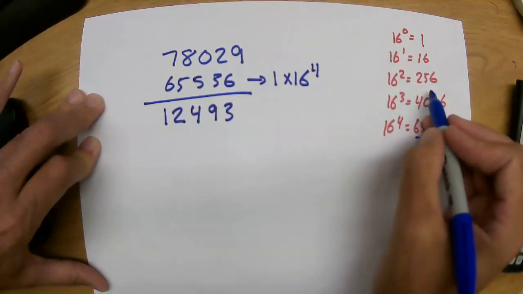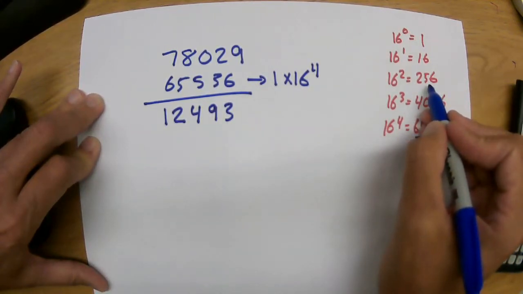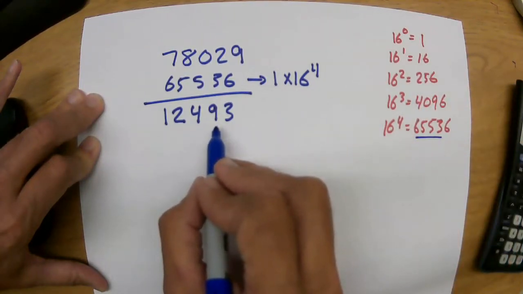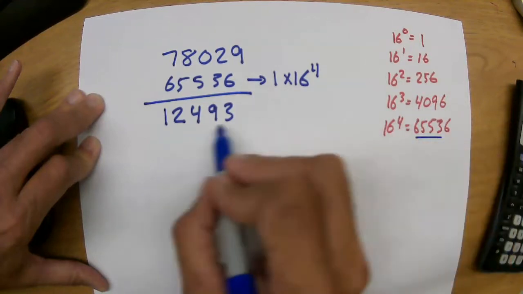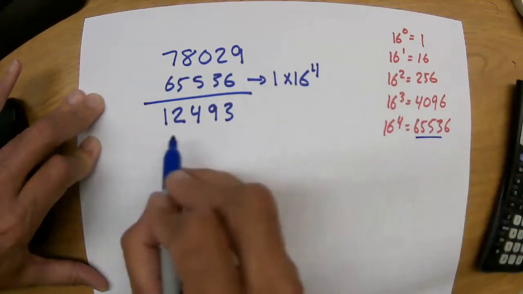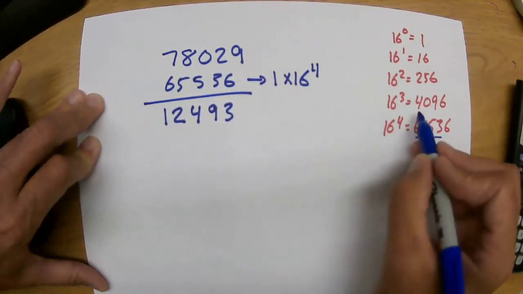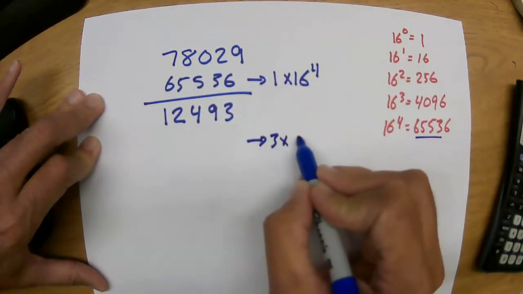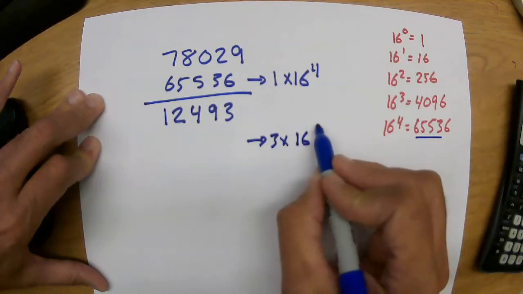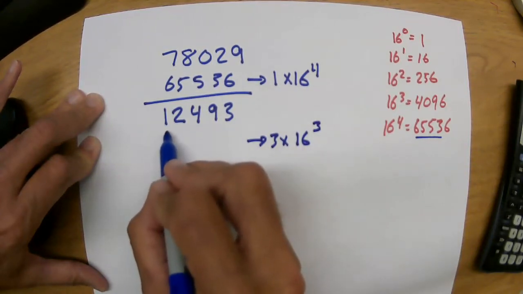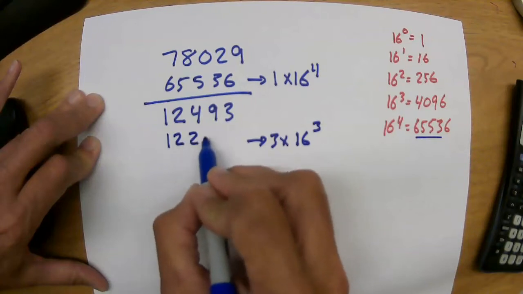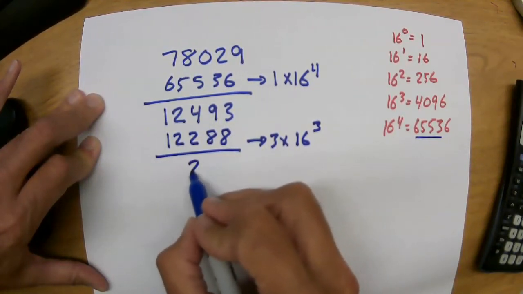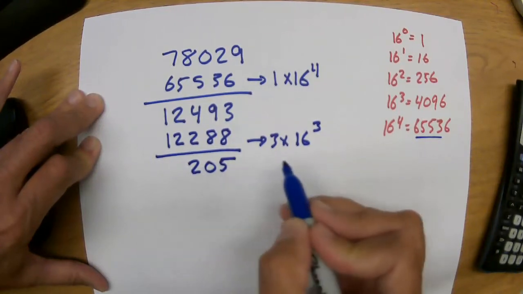And then, the biggest power I can take away from that is 4,096, and I think it's pretty clear, like 12,000, 4,000, I could probably take away 3 of those. So 3 times 16 to the 3rd power, and that is 12,288. And so I'll subtract this, and I get 205.